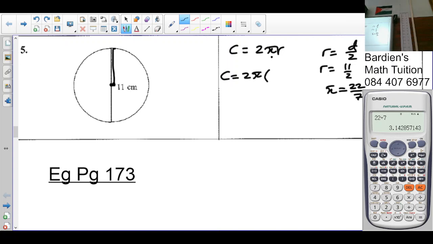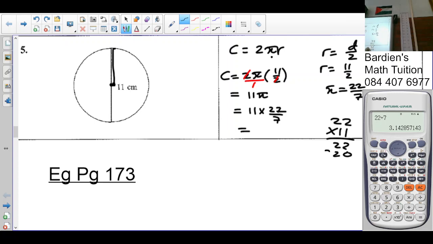And we see the radius is 11 over 2. So what can happen is the 2 cancels the 2. So in other words, this is 11 pi. So we said it's going to be 22 over 7, so it's 11 times 22 over 7. Now 22 times 11 is 242. So it's 242 over 7.